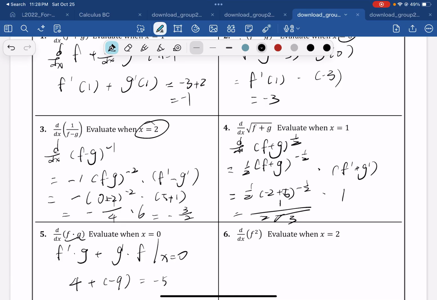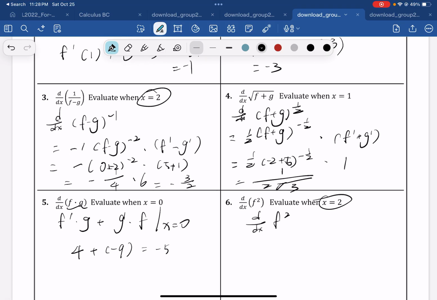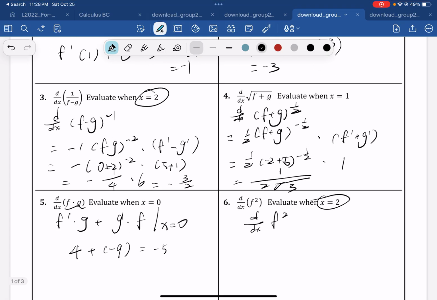Alright, next one, you're asking us the derivative of f squared when x equals 2. So we have to do is still the chain rule.